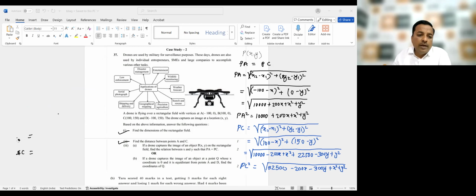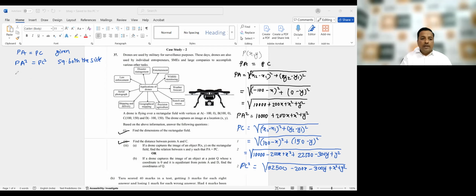So now we know that PA is equal to PC. This is given. Therefore, PA square is equal to PC square, squaring both sides. The value of PA square is 10,000 plus 200x plus x square plus y square.